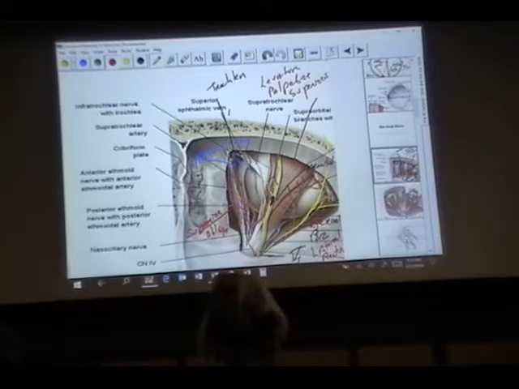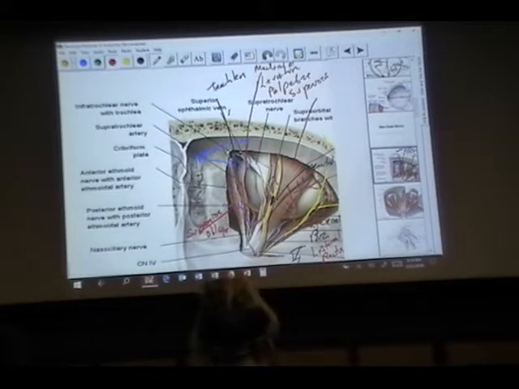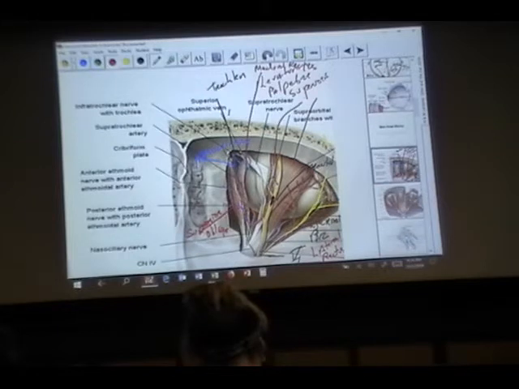Now, there's a couple of other muscles that we could kind of make out here that are a little bit deeper. This muscle here is deep to the superior oblique, that's the medial rectus. And then there is a muscle that is deep to the levator palpebrae called the superior rectus.